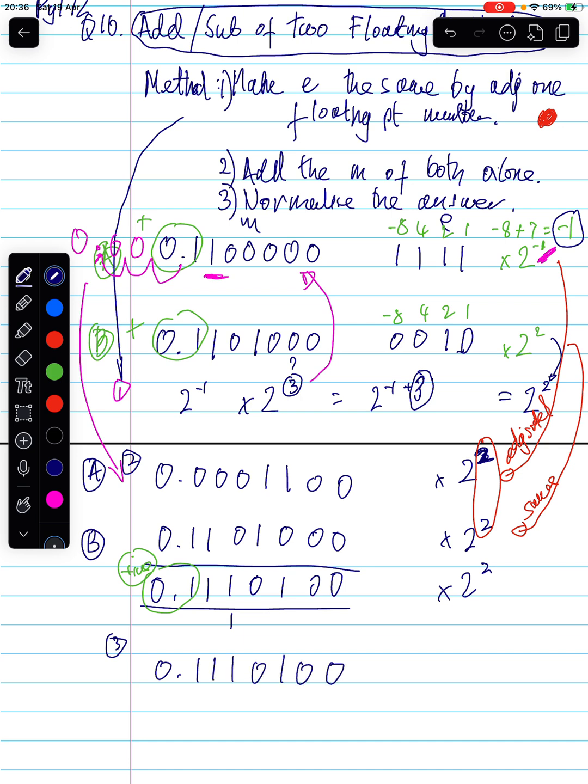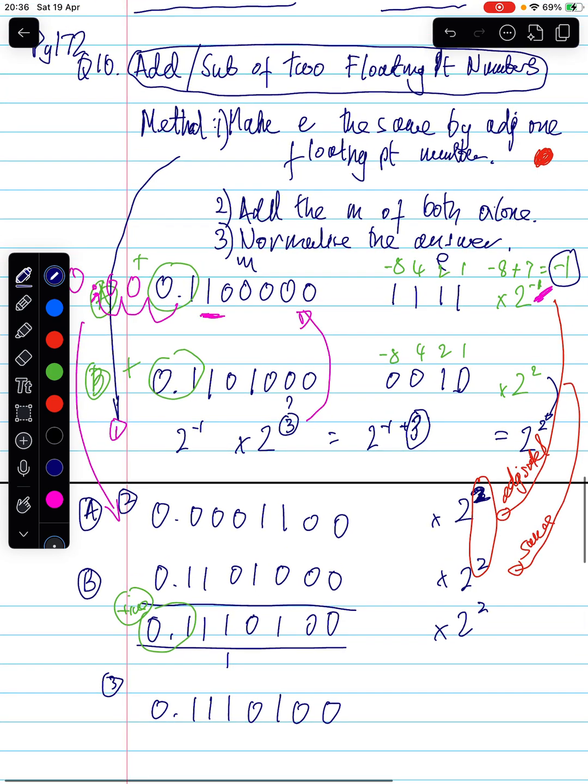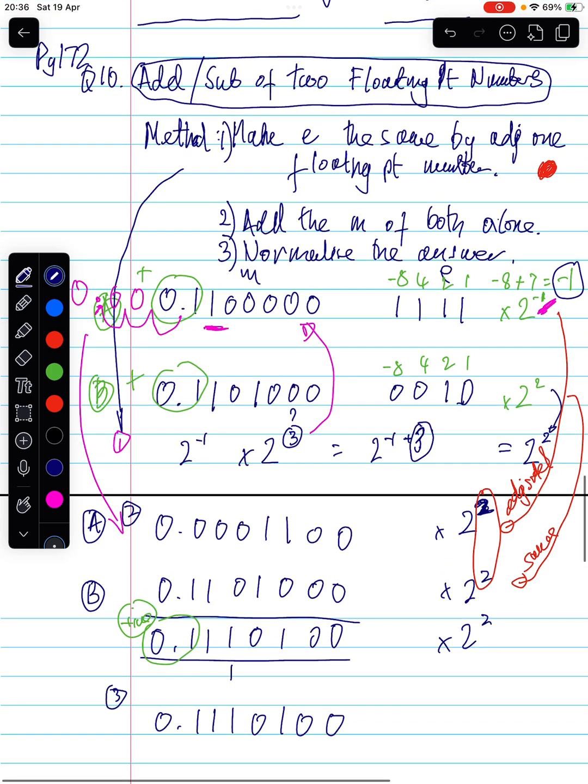Okay, and the answer is, let me see. Yeah, let's just check. 4 bits, 4 bits. This is our mantissa, and then our exponent is going to be 4 bits. That's going to be 2, so 0, 0, 1, 0.